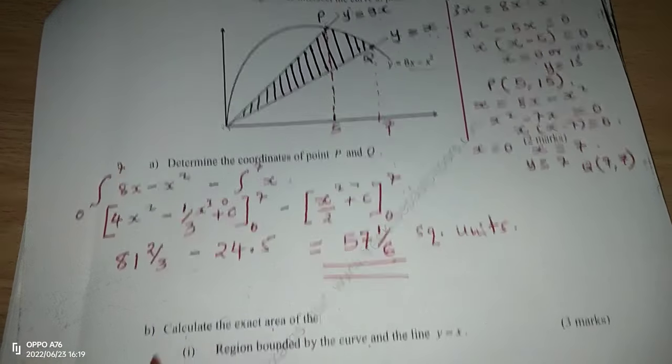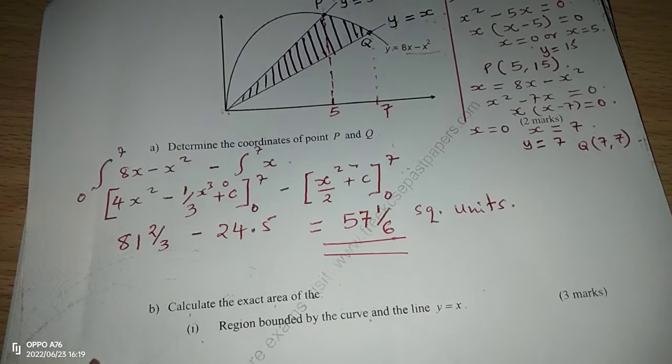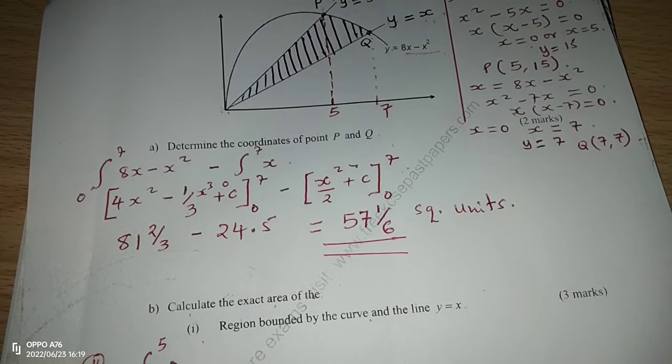So here we can have the integral to solve Roman 2. The integral from 0 to 5 of 8x minus x squared, and we subtract the integral from 0 to 5 of 3x.